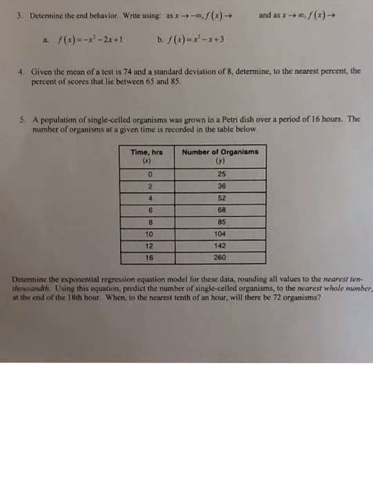Then go to stat, calc. We want an exponential regression, so that would be number 0. It says EXP regression. Make sure you have L1, L2 in there, list 1 for the X list, and list 2 for the Y list.